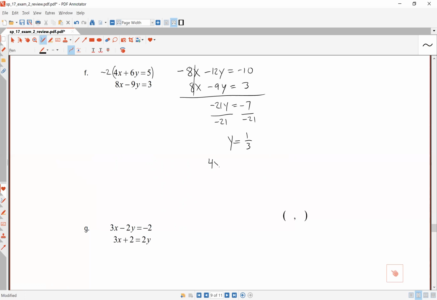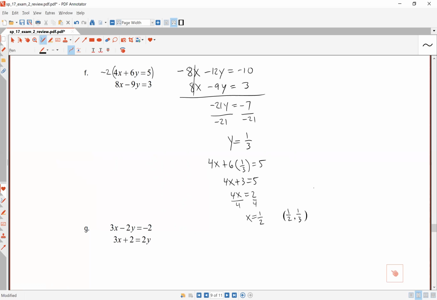The first equation says 4x plus 6 times y is 5. So we have 4x plus 3 equals 5. 5 minus 3 is 2. And dividing both sides by 4 gives me x is equal to 1/2. 1/2, 1/3.